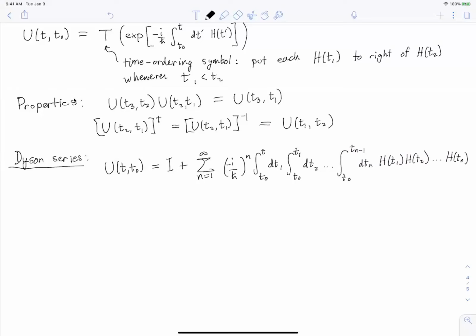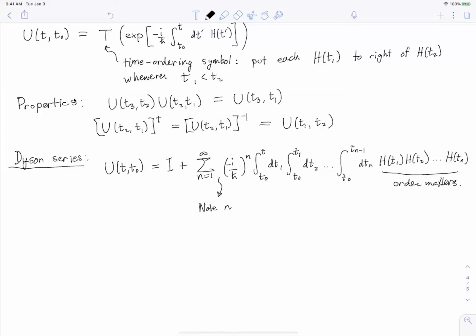Okay, and so these don't commute, and so the order matters. And then the other thing that's interesting about this is that because it's a bunch of nested integrals, there's some combinatoric factor which turns out exactly cancels the fact that there was a 1 over n factorial usually in the exponential, but here there isn't.